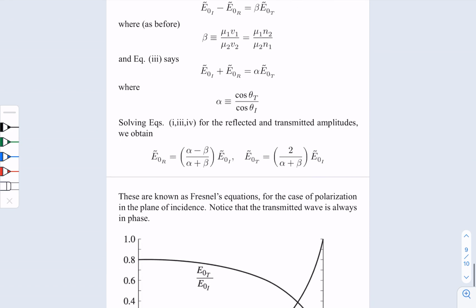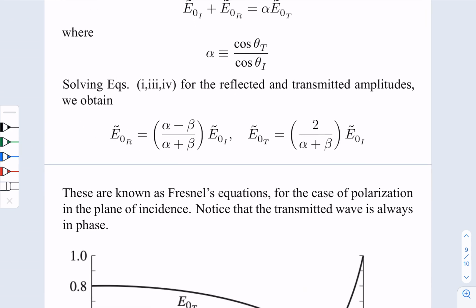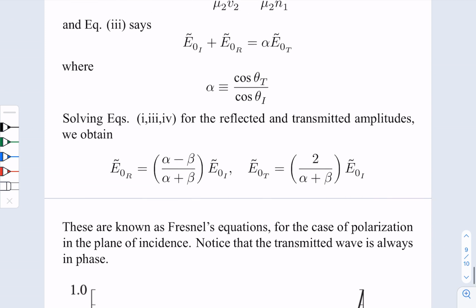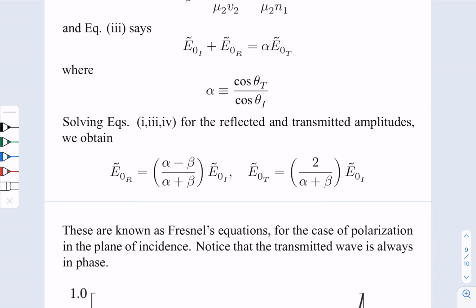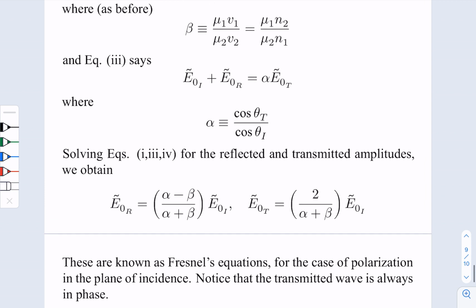But in other textbooks, such as Jackson, which you might encounter later, you might find that they sometimes explicitly write out the n2 and the n1, and if you expand out the cosines and the n1, n2, these are actually somewhat complicated equations.